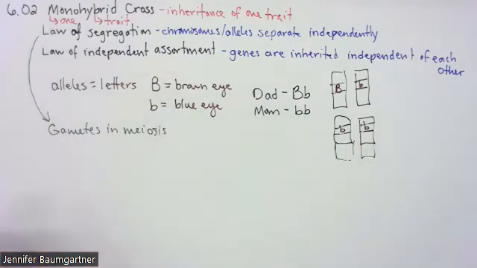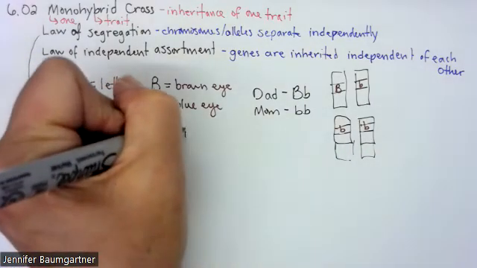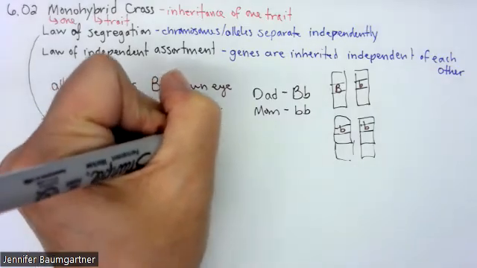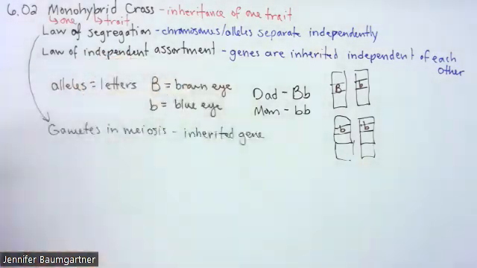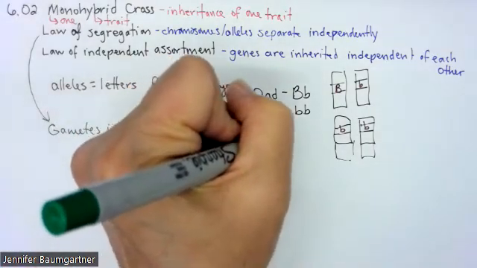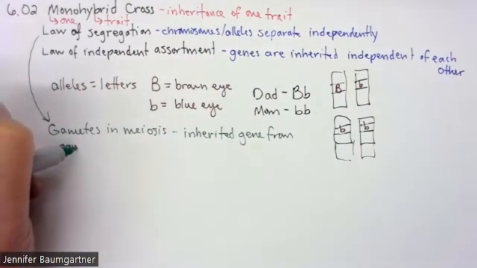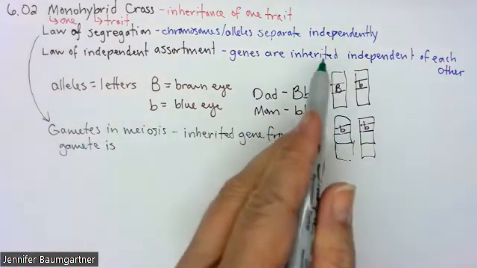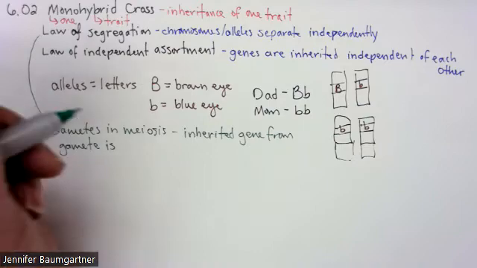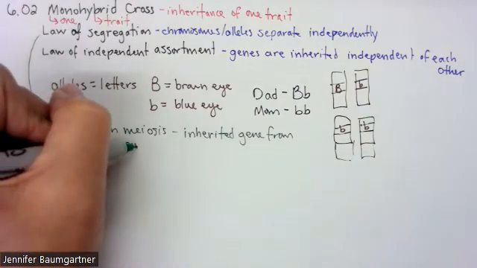So the law of segregation tells us that the inherited gene from the gamete is completely random.